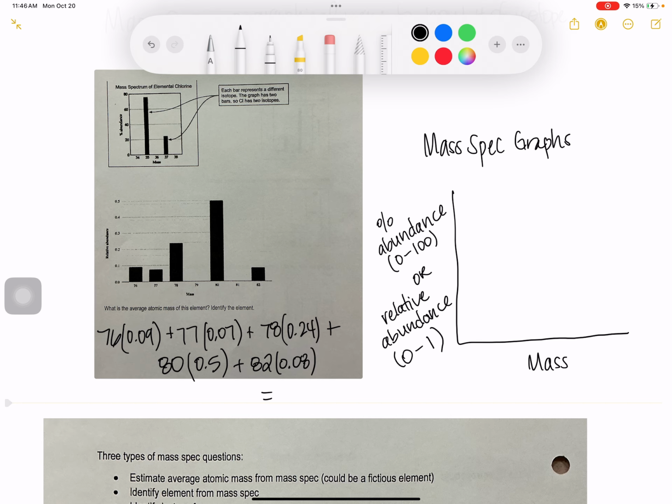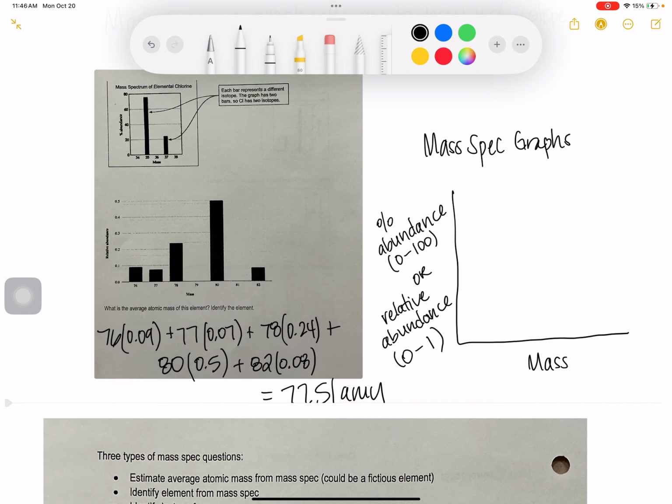And if we add all these together, I have to do it because I hadn't done it before, we will get the weighted average, or the average atomic mass, of this mystery element. I'm getting somewhere in the neighborhood of 77.5 atomic mass units.